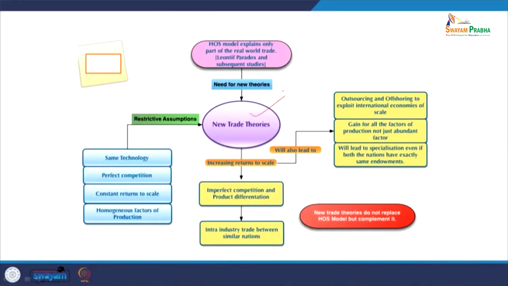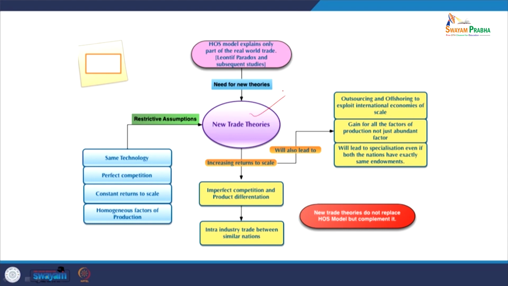Now, in a nutshell, we have discussed HO theory, its extension, its empirical evidences, its criticisms. Now, what is left then? Another extension in the present time is through new trade theory. HO theory is also called classical theory, but in new trade theory we will talk about the production function.